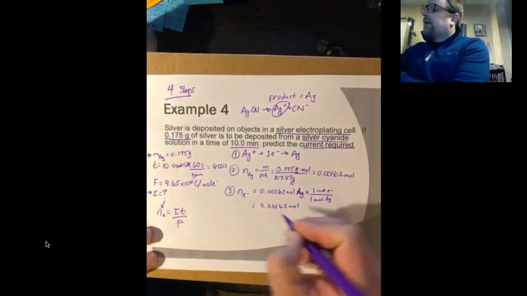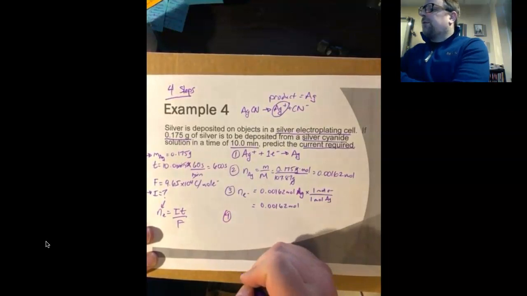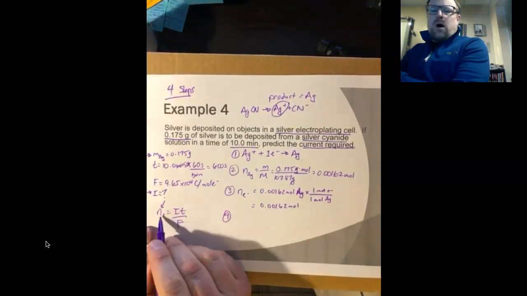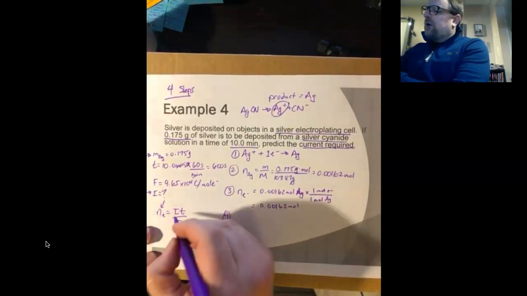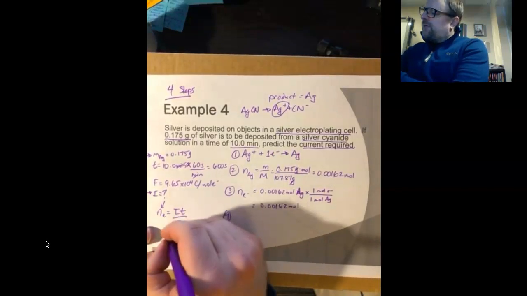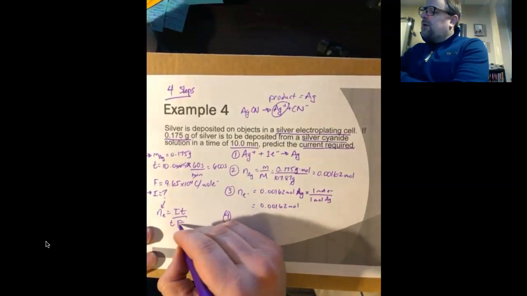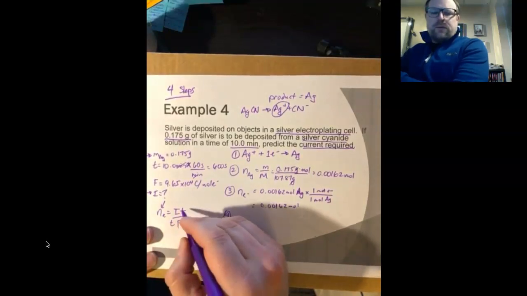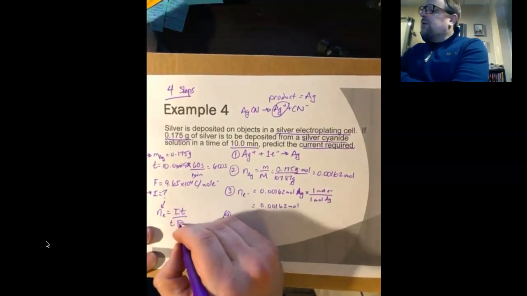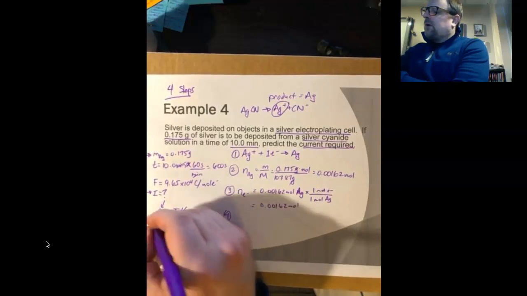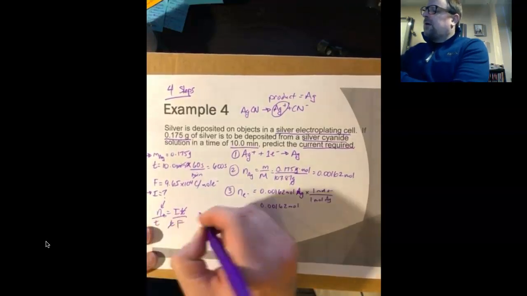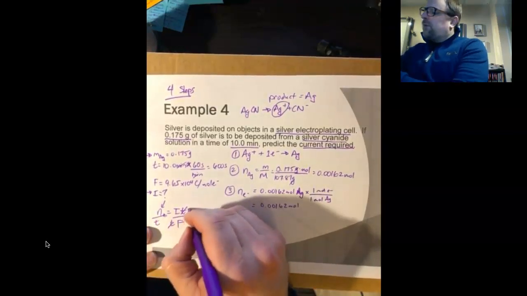Okay? Last step, we need to solve. We are not interested in number of moles of electrons. We need to get I by itself. So I'll undo multiplication by dividing by T, so those cancel out, and we'll undo the division by multiplying.